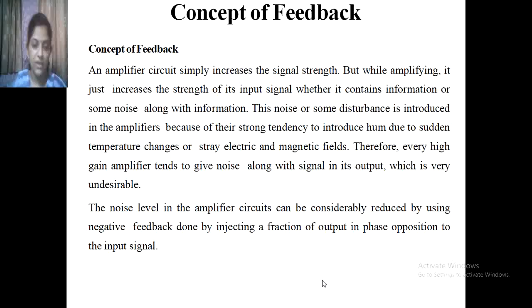So noise level can be considerably reduced by using negative feedback, done by injecting a fraction of output in phase opposition to the input signal. So there is a necessity of negative feedback.